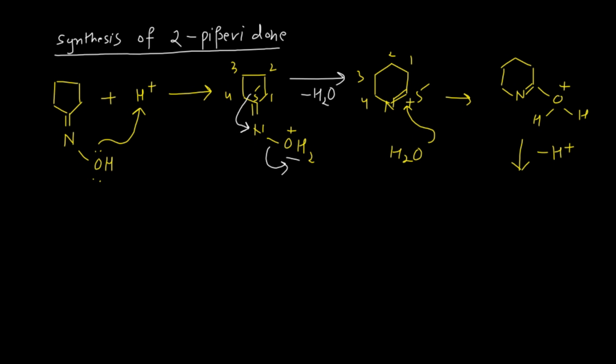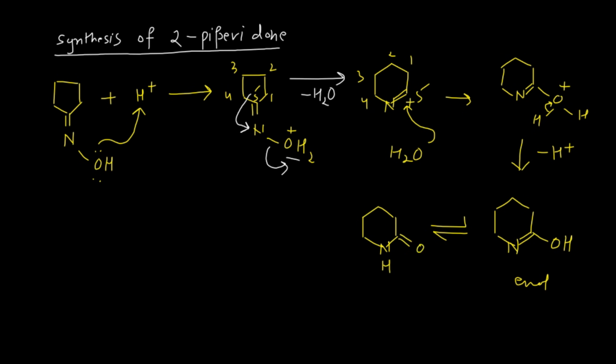So when the deprotonation will occur, this will shift here, and then you will have here this compound, nitrogen in the center, double bond, and this is OH. This is enol form, which will readily tautomerize to give you the keto form. Nitrogen will get hydrogen and this will get double bond. So this compound is your piperidone, 2-piperidone.